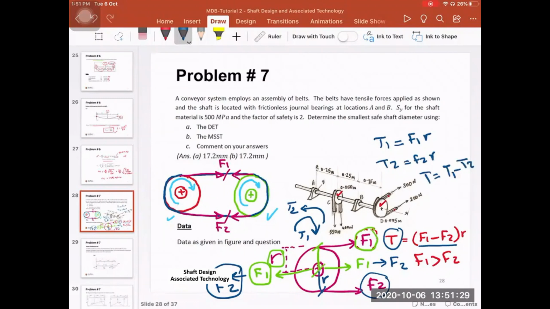We have two pulleys here and we have two torques actually, but they are equal because the power is transmitted between these two pulleys without any losses. So we have the same shaft, so it has the same speed. So if the power is constant, the speed of the shaft is constant, so the torque must be constant as well. So let me just remove all this and then try to read the problem again.